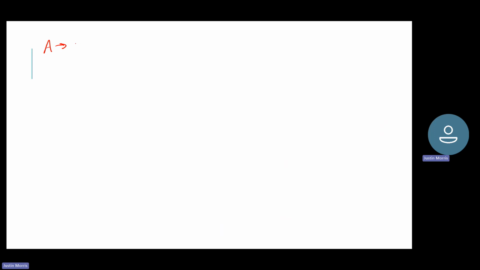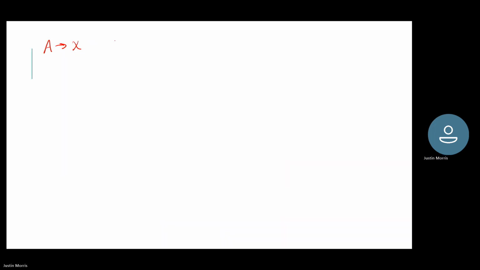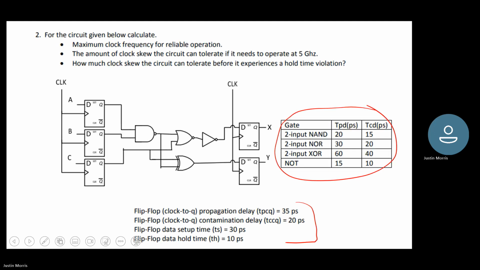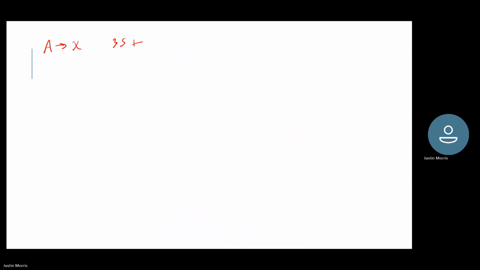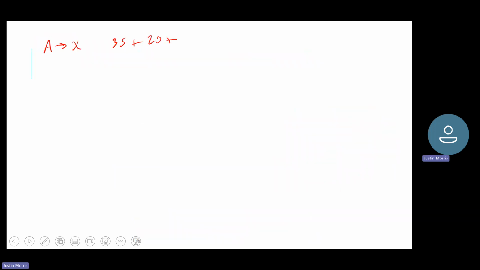So we have A to X as one of these paths. If we go A to X, the first thing in our equation is going through the flip-flop, right? So we have 35. That's TPCQ. And then we're going to go through a NAND gate, a NOR gate, and an inverter. So NAND is 20. So 35 plus 20 plus, what's our NOR, 30.